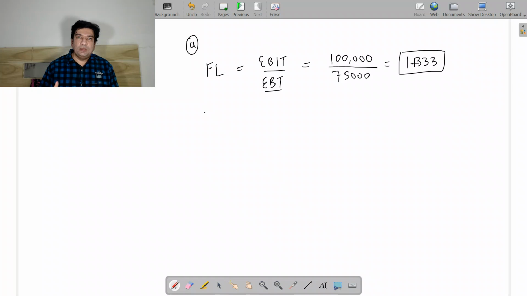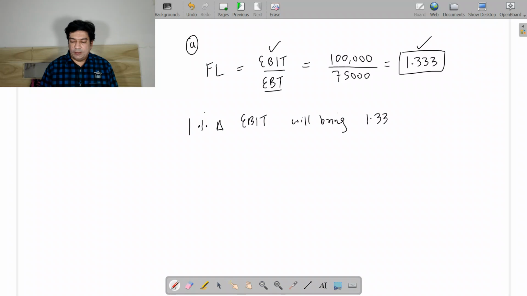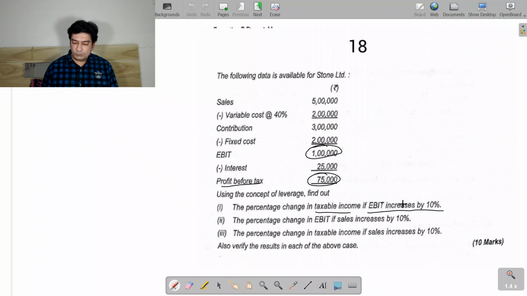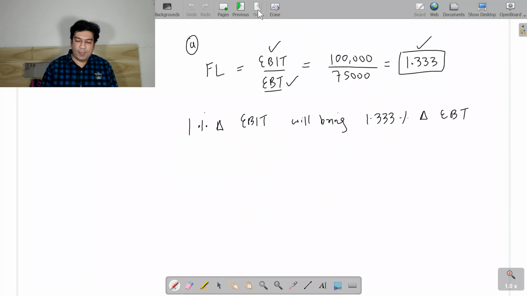Now I'm going to interpret it that 1% change in your EBIT will bring 1.333 percentage change in your EBT. This is the interpretation. Now what they have told us is that the EBIT has increased by 10%.